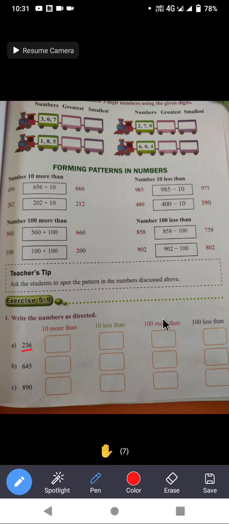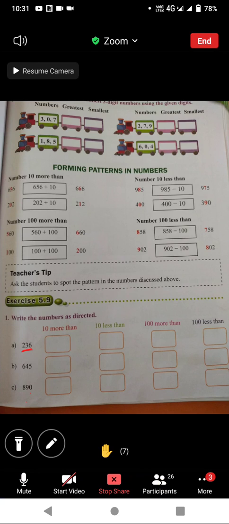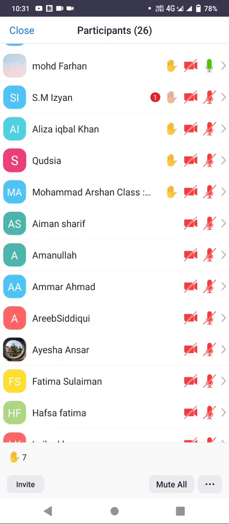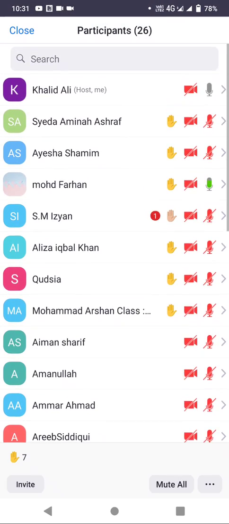Beta, I am asking 100 more than, not 10 more than. 336. Yes, so if we find 100 more than, we add in the 100 place digit only. Okay.